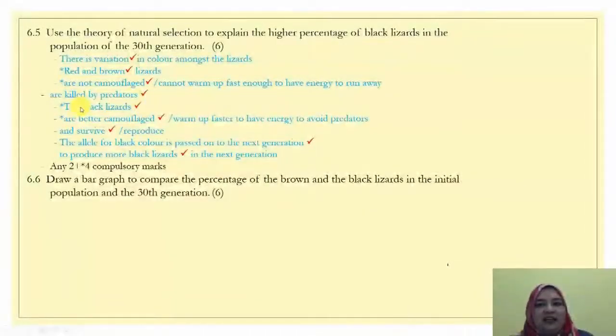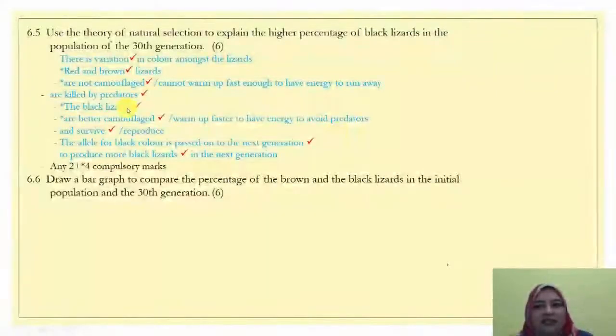The black lizards, on the other hand, are better camouflaged. I'm mentioning what the favorable and unfavorable characteristics are. I'm not saying some are favorable and others are not. I'm now mentioning what the characteristics are that are favorable and not favorable.